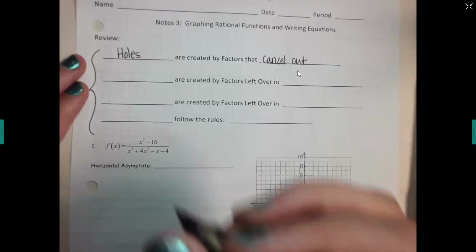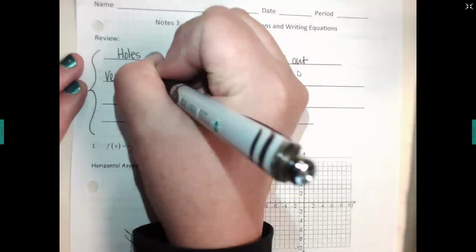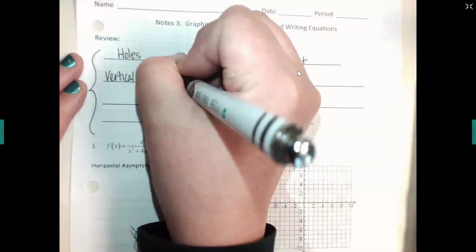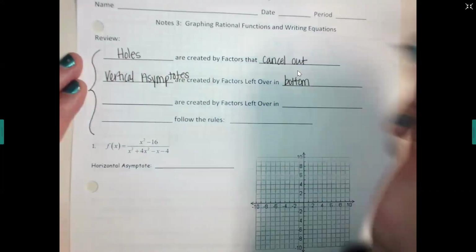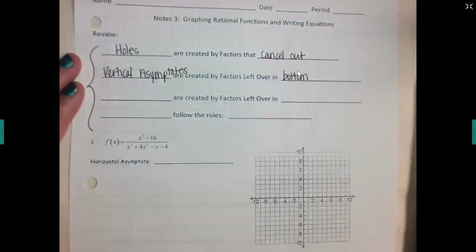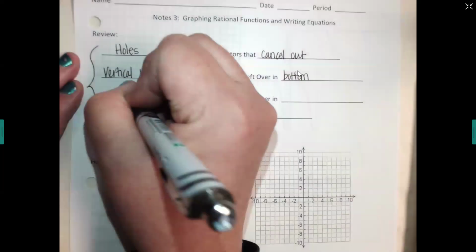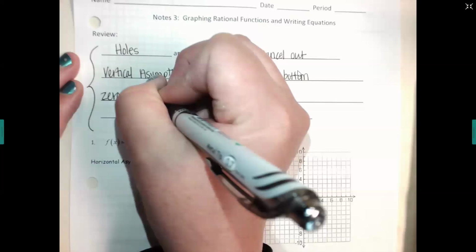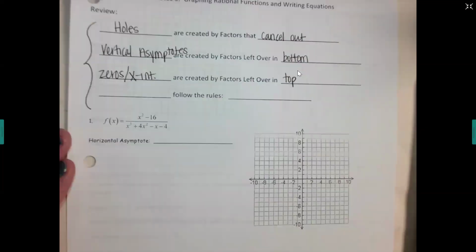Vertical asymptotes are created by leftovers in the bottom. And then zeros, or x-intercepts, as they're called in your notes, are leftovers on top. So holes cross out, VAs are left over on bottom, x-intercepts are leftovers on top.